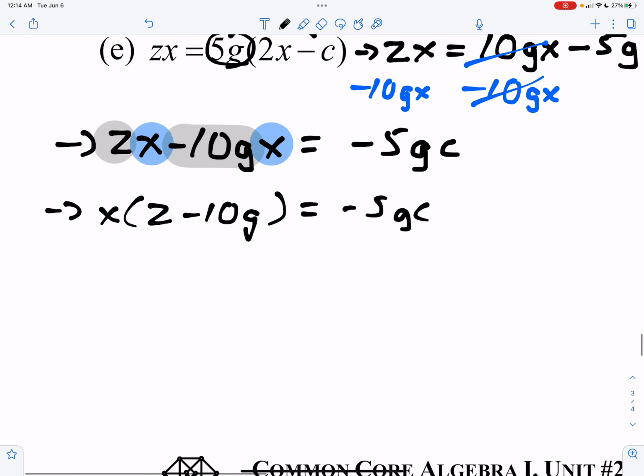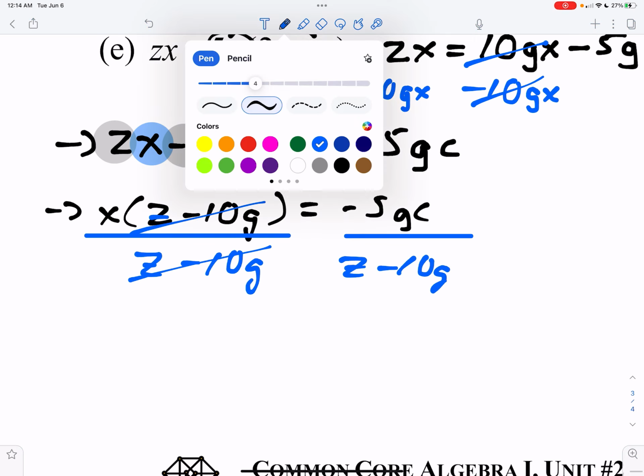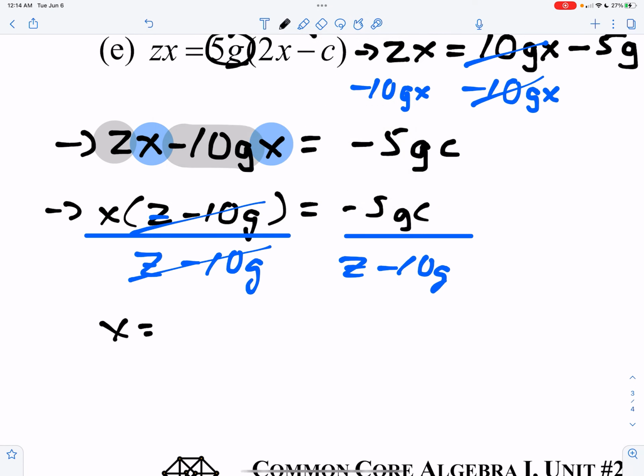All right, now to get x by itself, it takes one last step. We're going to divide away what you see in parentheses, z minus 10g, on both sides. So x would equal negative 5gc all over z minus 10g.